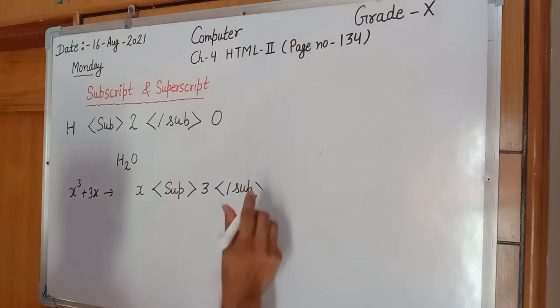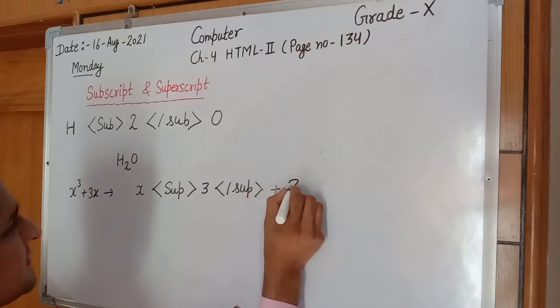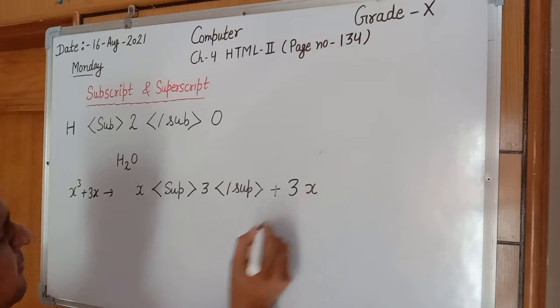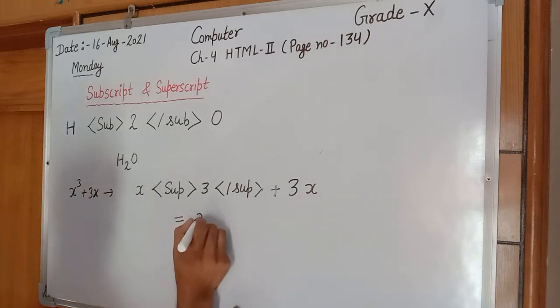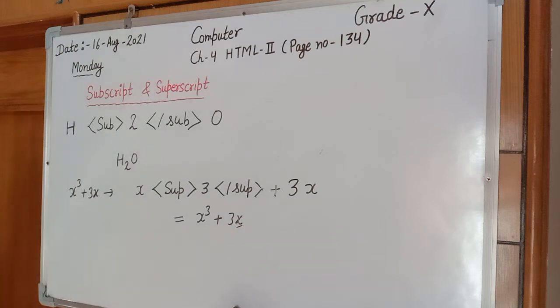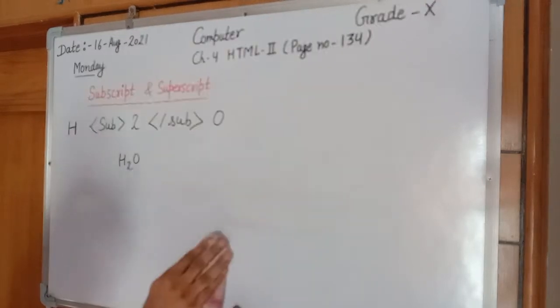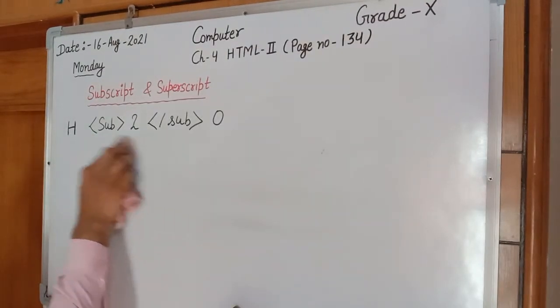Next is the plus symbol, then 3x. The output will be x cube plus 3x. So this is the concept of subscript and superscript. The related concept is given in your book on page number 134 and 135.